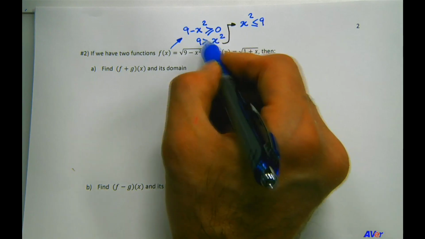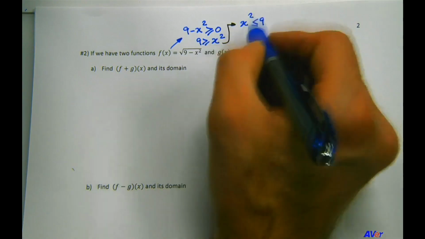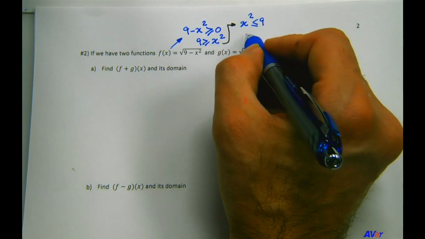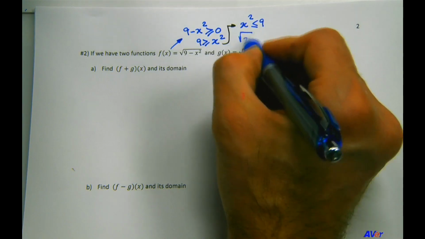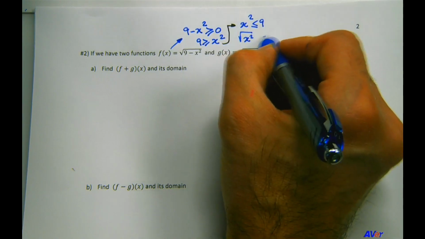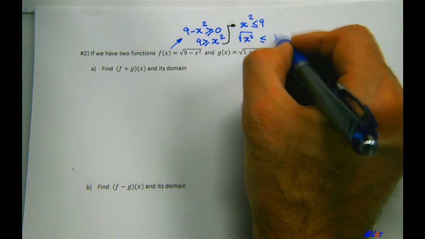Okay? This is the same thing. X squared less than or equal to 9. Now take the square root of both sides. Take the square root of x squared and the other side, the square root of 9.